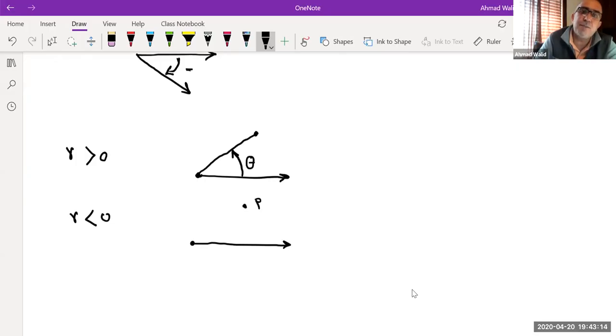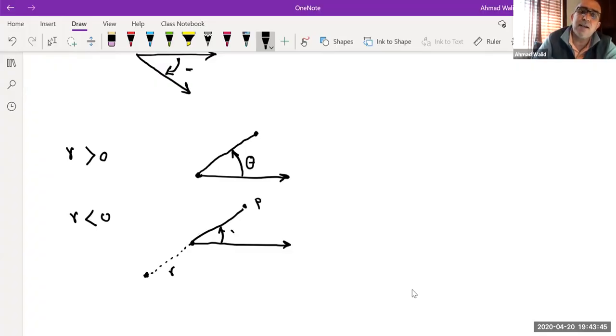This is my point P. And this will be R, but you are looking for the negative R. What you do, you continue this way in a straight line, 180 degrees, and take this distance. How much is this distance? Reflected to the other side of your pole, it gives you your R as a negative R.